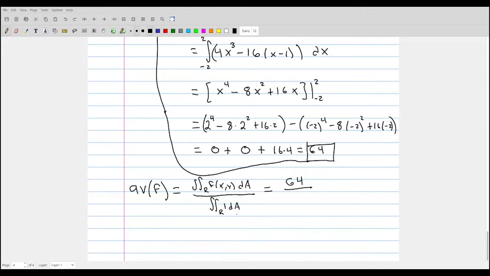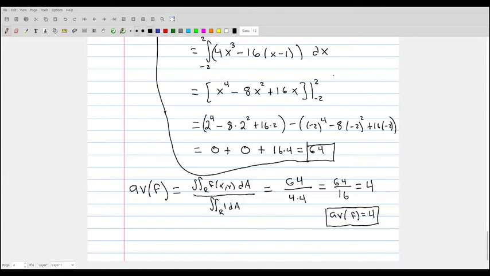I recommend going through and showing that it'll just be 4 times 4, but this will always be the case for a rectangular interval, that it's just the width of the base times the length of the height. This is going to be 64 over 16, or 4. So the average value of f on this domain we've calculated to be equal to 4.